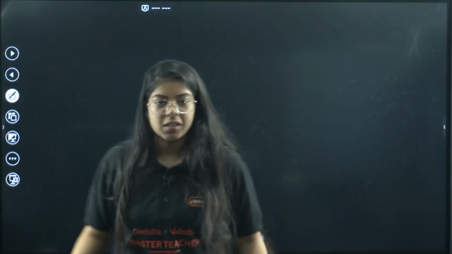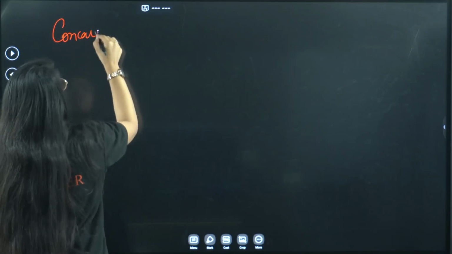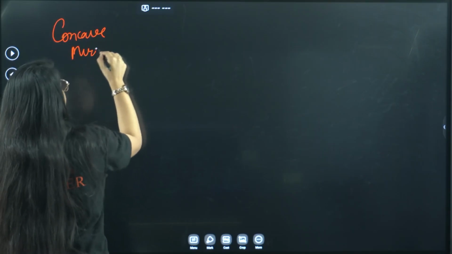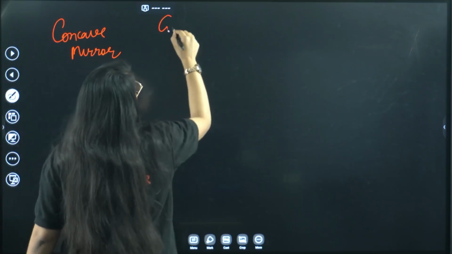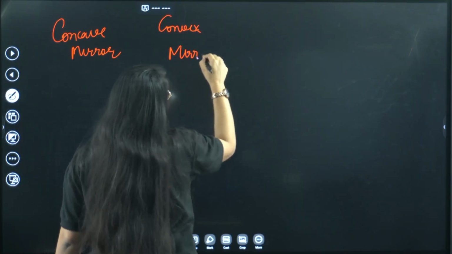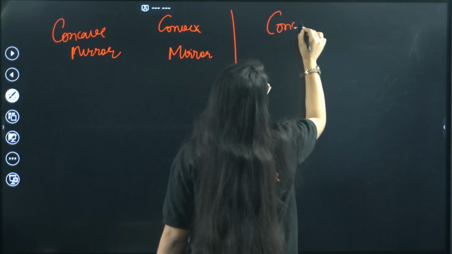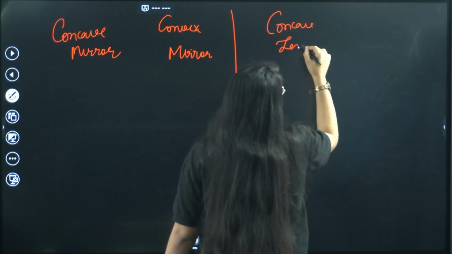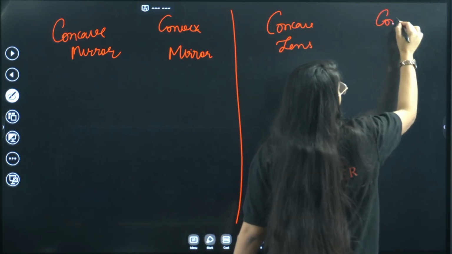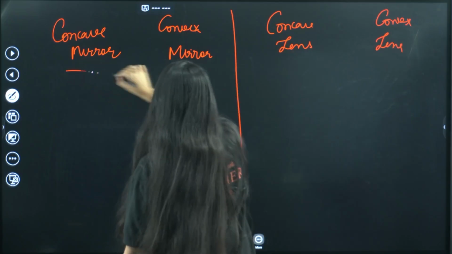Let's just make a summary. Let's say concave mirror and convex mirror, and here we'll do concave lens and convex lens. Correct?